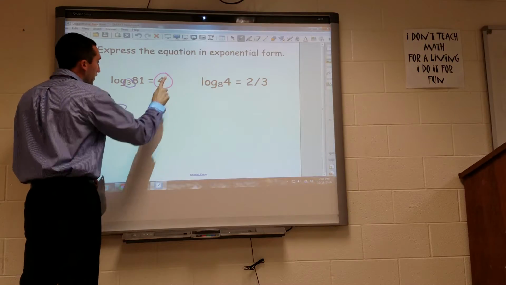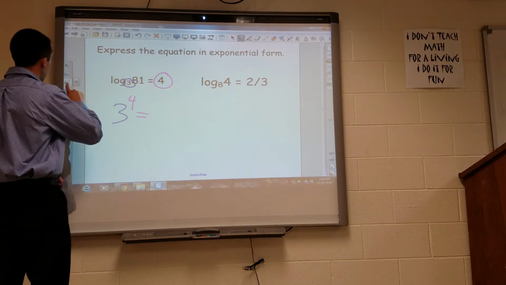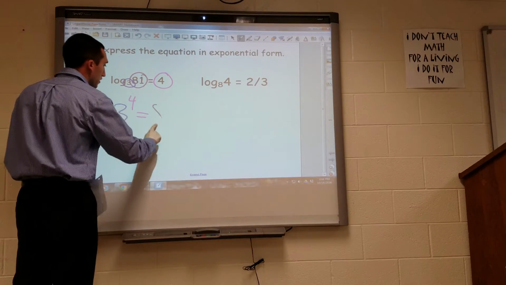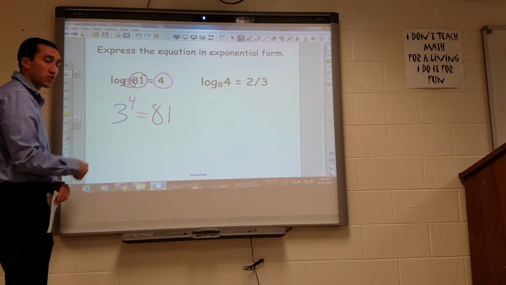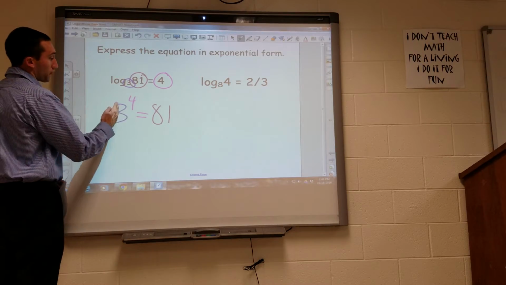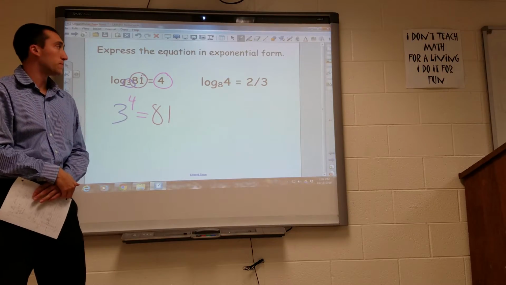This number here is going to be my exponent, and then this number is going to be what my exponential function is equal to. So if you check, 3 raised to the 4th, in fact, equals 81.